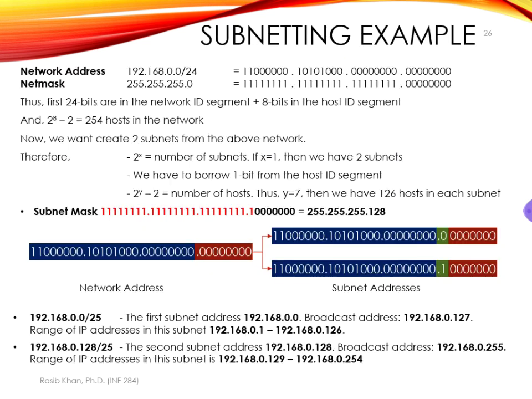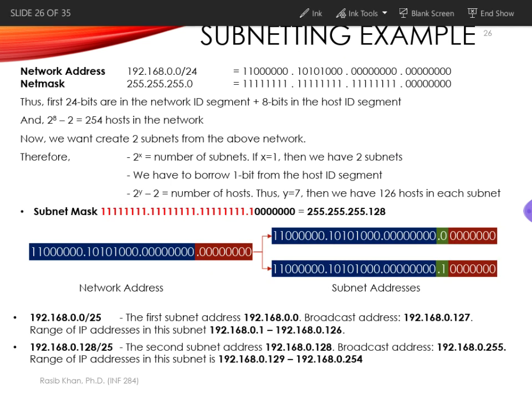So let's look at an example here. Let's say we have a network address which looks like this, 192.168.0.0/24. This means that a total of 24 bits is allocated for the network ID, so that is something that we cannot change. If we convert it to the equivalent binary, the first 3 octets cannot be changed for any of the bits.